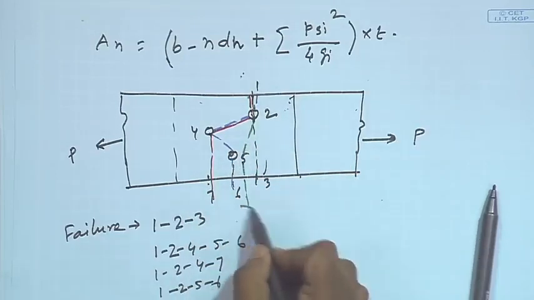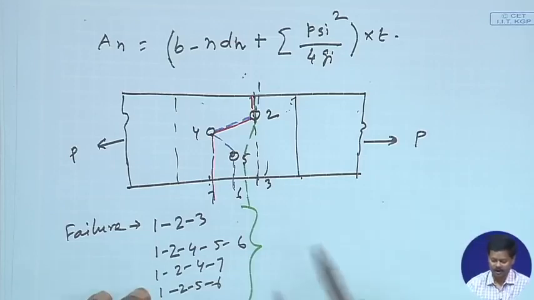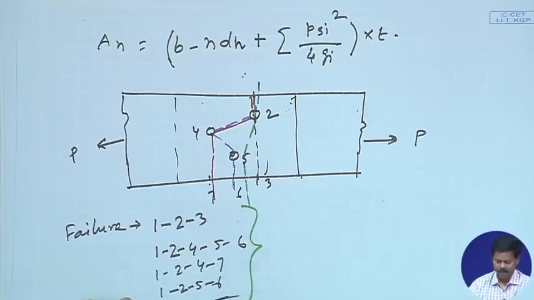So, we have 4 options, and we have to find out the net area along these 4 lines, and then find the minimum one, and the minimum one will be the net area for which it may fail. So, I will calculate one by one and then find out the net area.